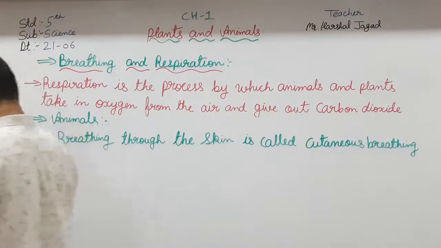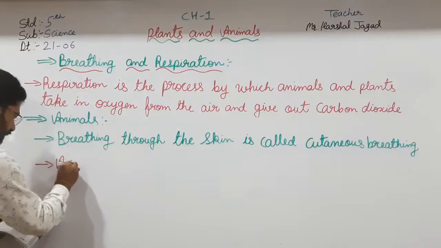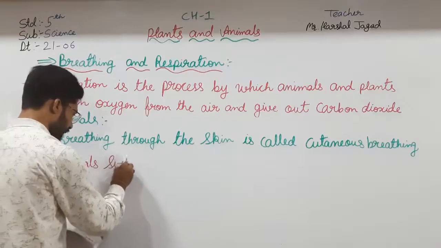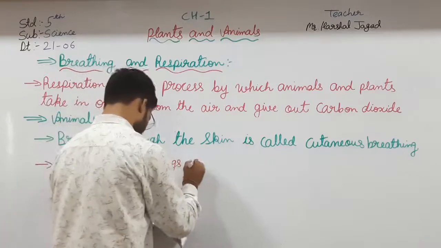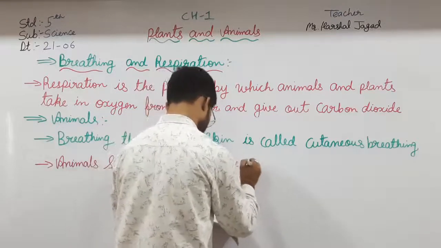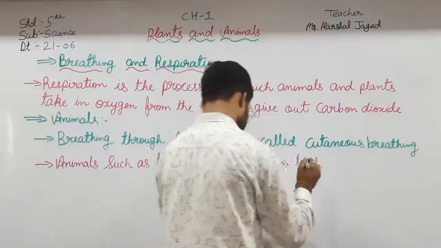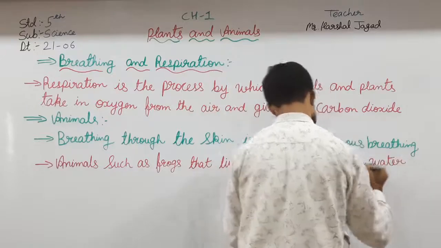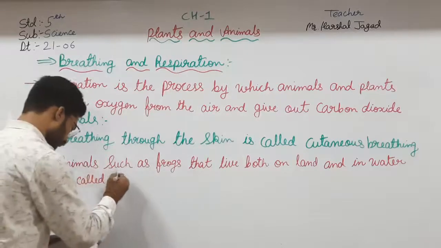And another one: animals such as frogs that live both on land and in water are called amphibians.